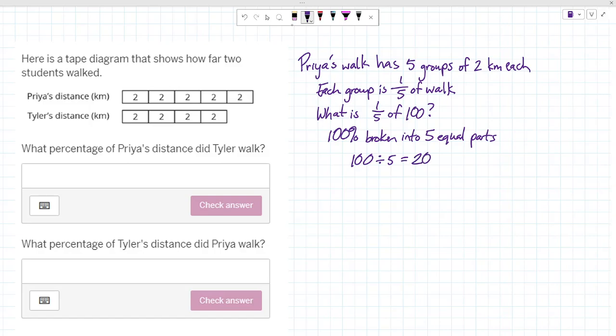It's 20. So each 1/5 of Priya's walk is 20% of the walk.